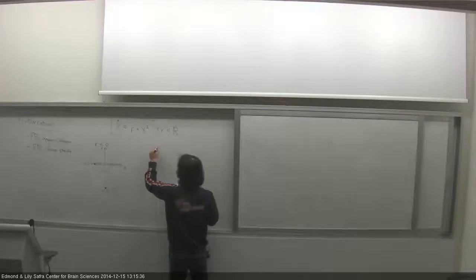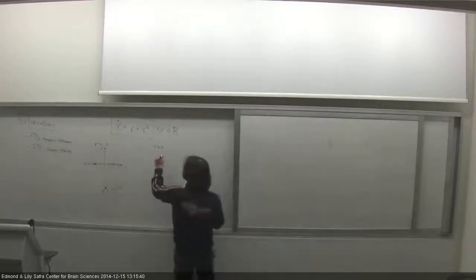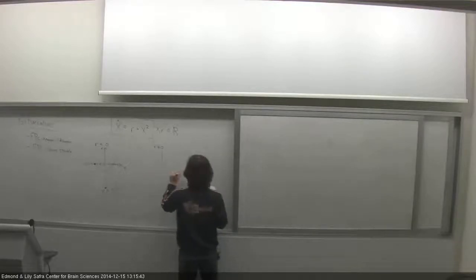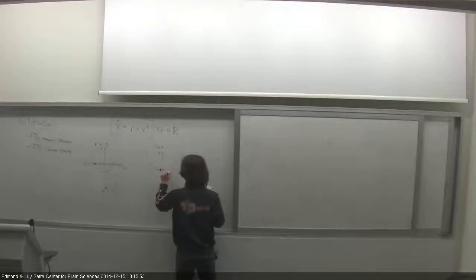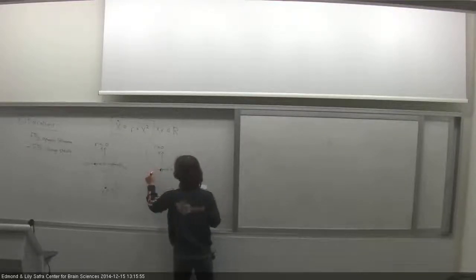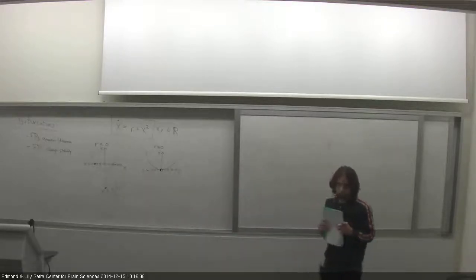Now, we have a special case when r is just 0. This is a half-stable fixed point.